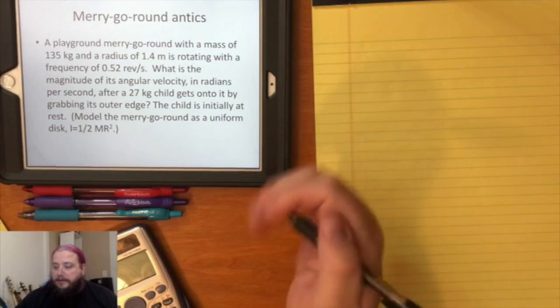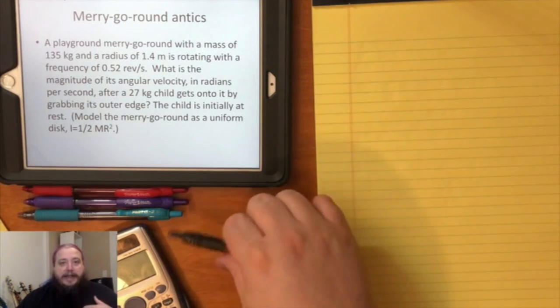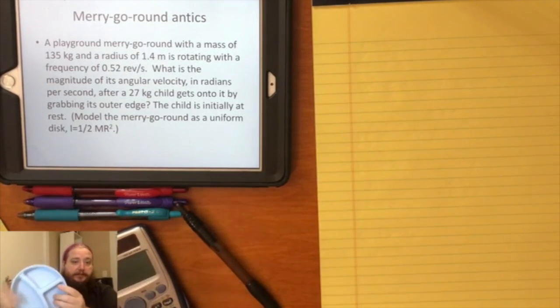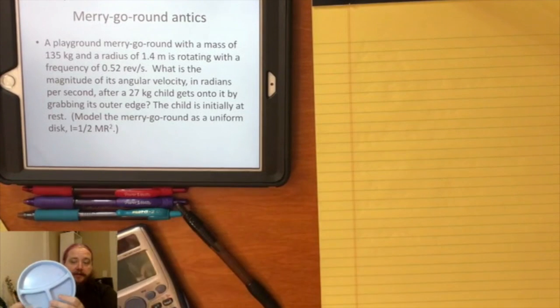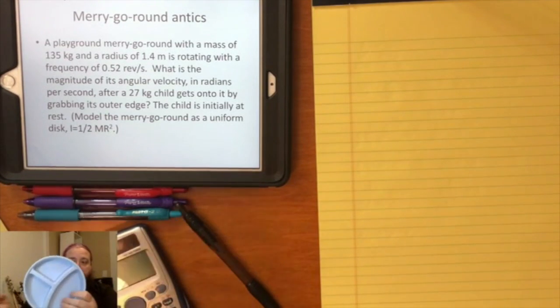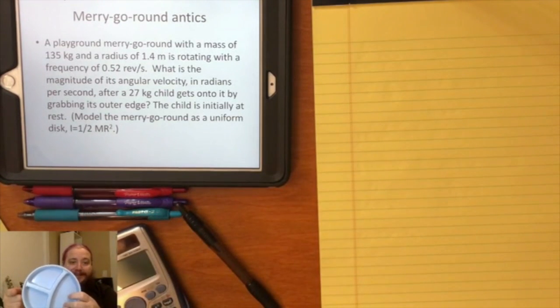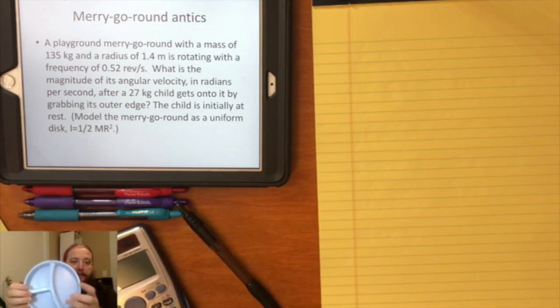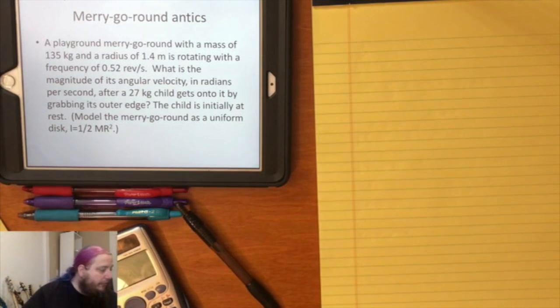So we're going to model the merry-go-round as a uniform disk, and this is essentially an angular collision problem. We have our spinning object that comes into contact with a stationary object, and then afterwards we have the spinning object and the formerly stationary object rotating together.